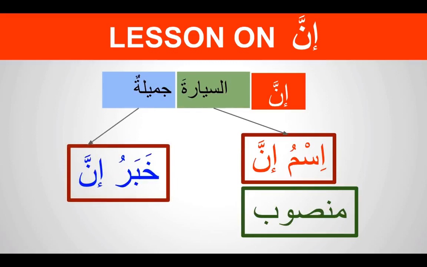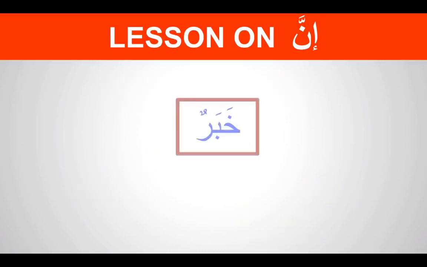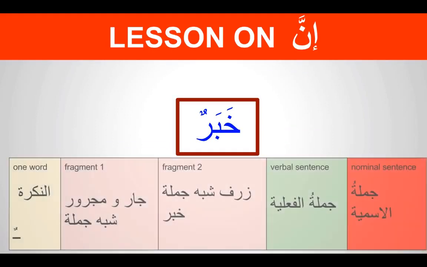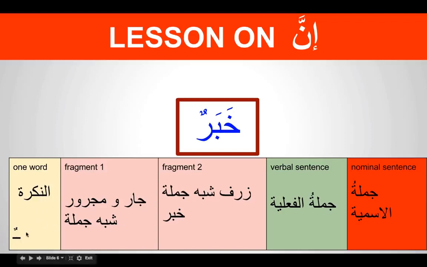Normally in jumlatul ismiya we have khabar; when inna comes, it becomes khabar of inna. We've learned previously that khabar comes in 5 types, and all these 5 types will come along with inna as well. If it is one word, it will be nakira, that's indefinite.